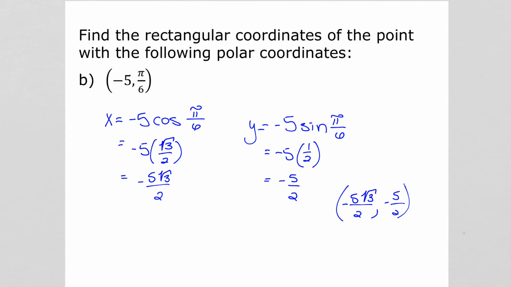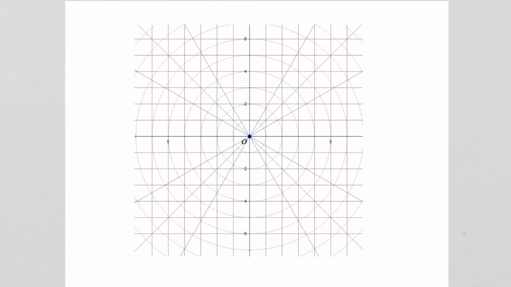And in order to look at how to graph this point, we need to change it to a decimal. So let me grab my calculator. So this is the official answer here, your exact answer. But if we want to change it to a decimal so we can see what it would look like on our graph, it'd be approximately -4.3, -2.5.